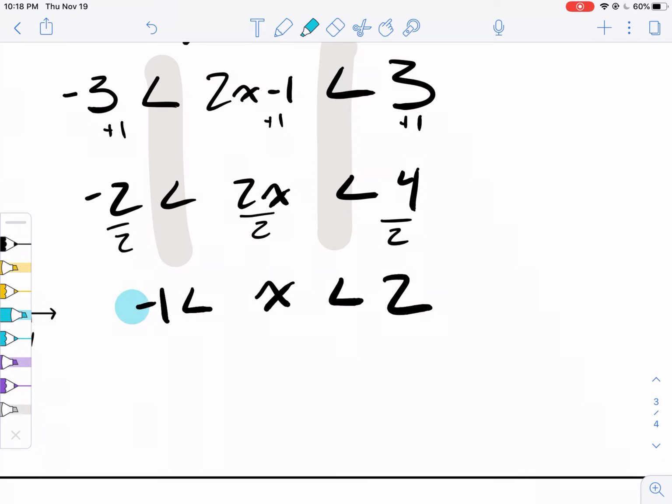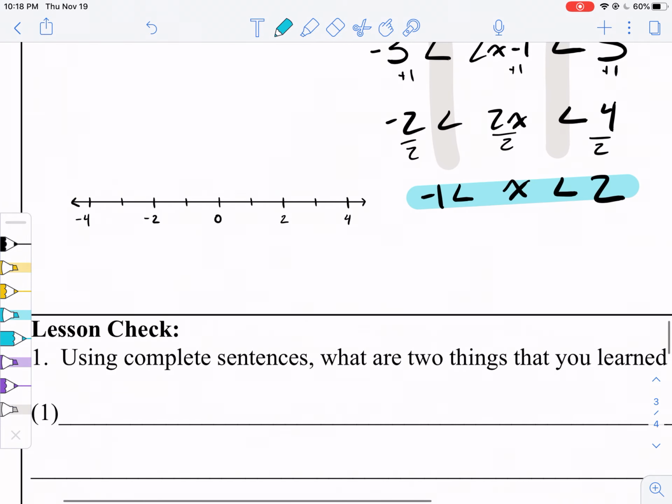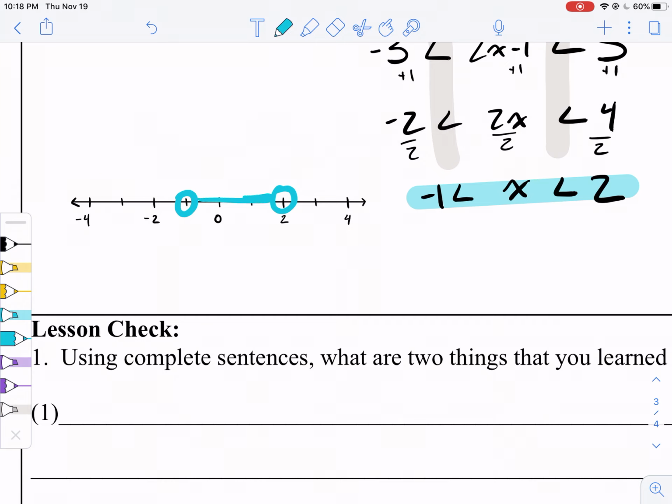So x is between negative 1 and 2, non-inclusive. So if we were to put this on a number line, for example, we would have an open circle at negative 1 and an open circle at 2. And then shade between them.